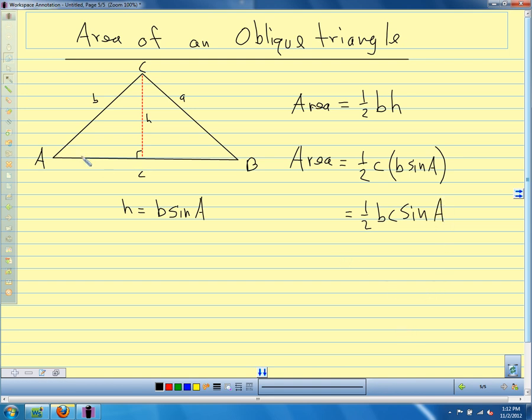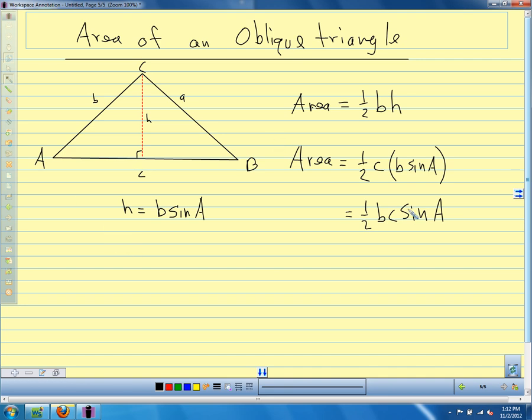So if we have an angle and we have two sides, an angle, side, angle, triangle, we can find the area of that triangle. We could go through the same process and draw our heights in for our other sides and do our other calculations. And we end up with three formulas that we can use for the area.